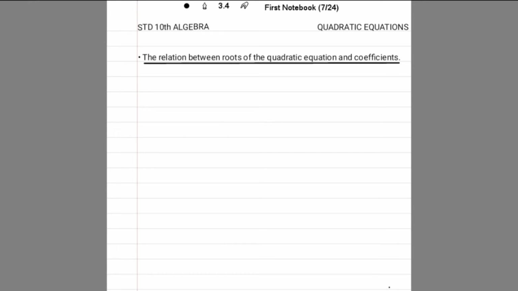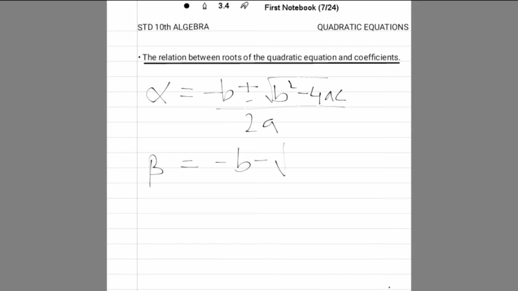Now we know that alpha and beta are the roots of the equation ax square plus bx plus c is equal to 0, right? So we will first write that: alpha is equal to minus b plus or minus root of b square minus 4ac divided by 2a, and beta is equal to minus b minus root, sorry, it is only plus here, so we will make that correction, and this is minus.